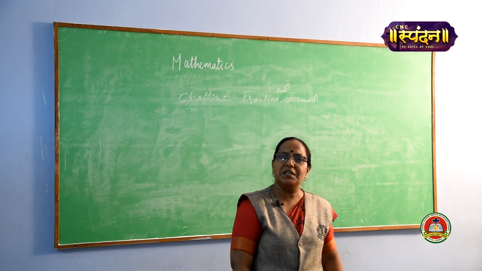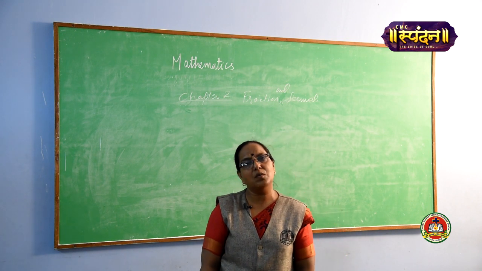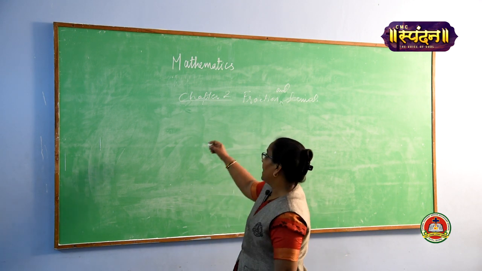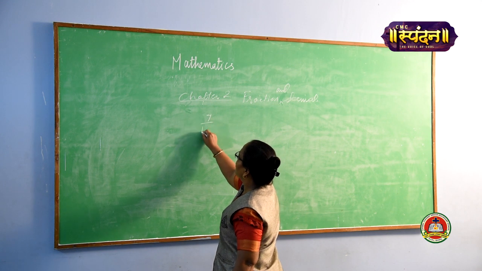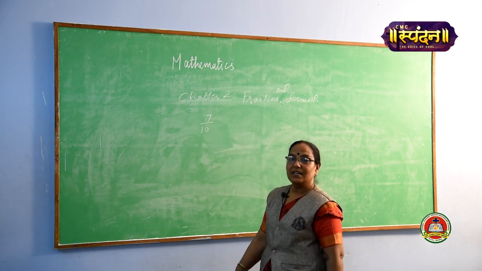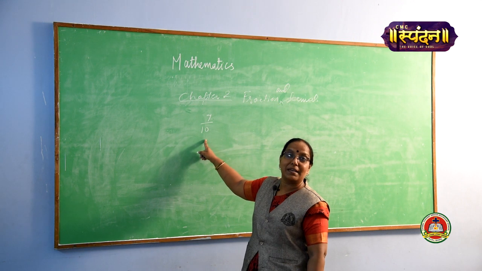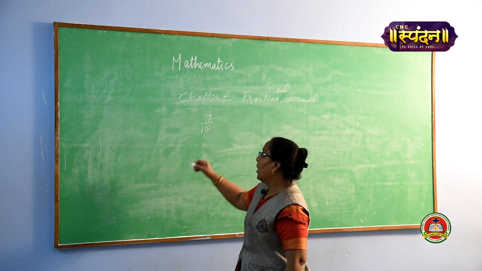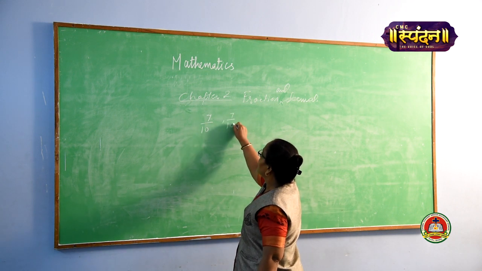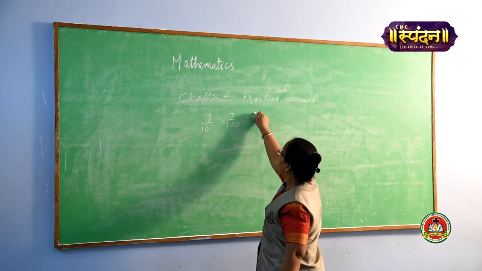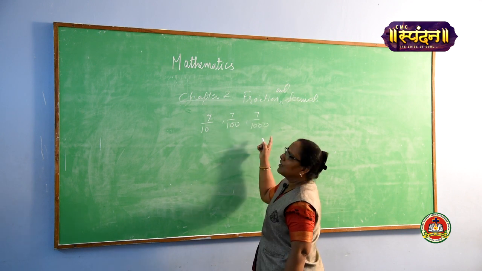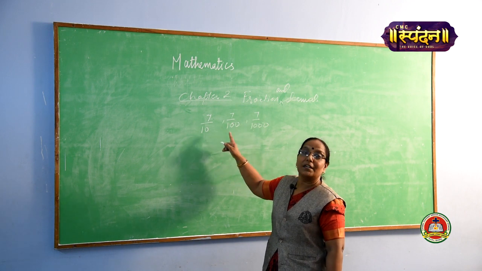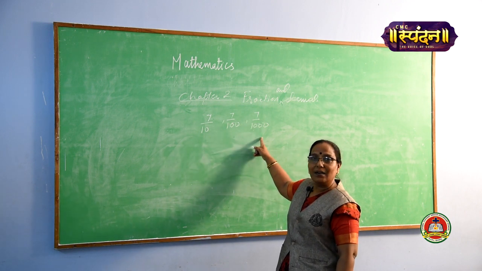Every whole number, if it is divided by 10, 100, 1000 or a power of 10, is called a decimal. For example, if you write 7 upon 10, 7 is a whole number, when you divide it by 10, you will get one answer, that is called a decimal. Or you can divide 7 by 100 or 7 by 1000, that is, divide the whole number by 10, or 10 raised to the power 2, or 10 raised to the power 3.